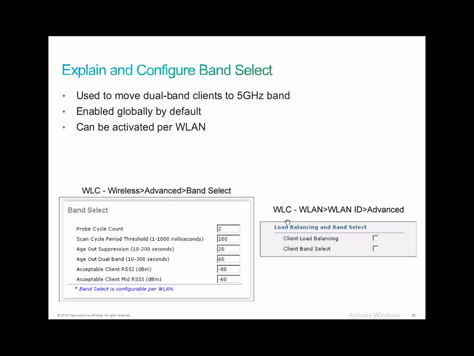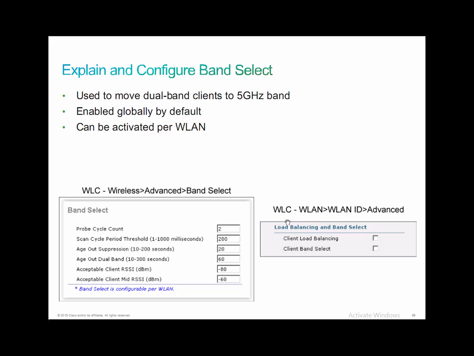All right. Now the band selection operates only on access points that are controlled by the wireless controller. FlexConnect access points, for example, without a controller, don't perform the band selection after you reboot them once you've configured them for FlexConnect mode. The band selection algorithm itself directs dual band clients from the 2.4 gigahertz radio to the 5 gigahertz radio on the same access point.